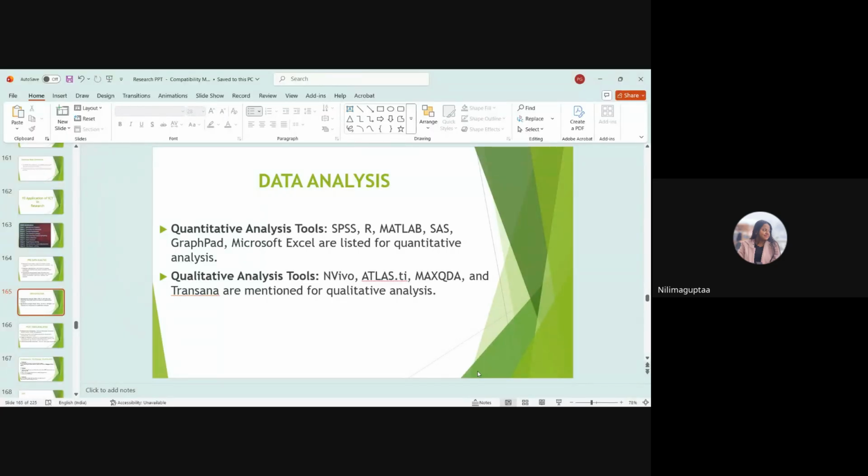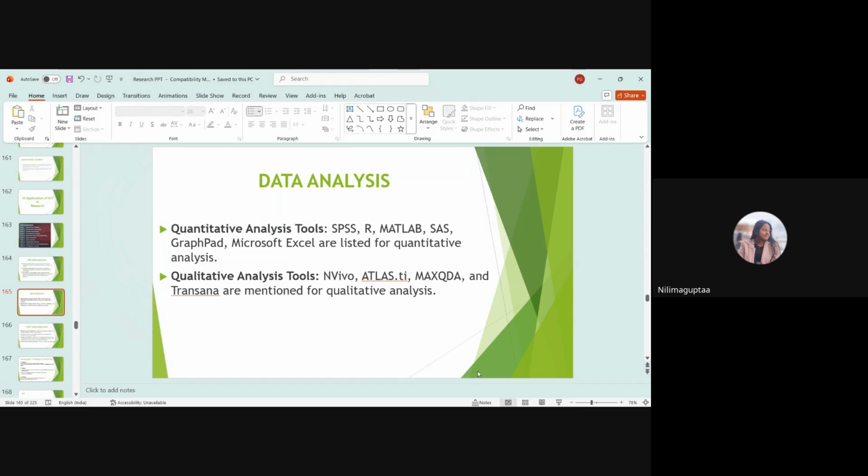So the quantitative analysis tools: very famous is SPSS for social science, then MATLAB, that is MATrix LABoratory. Then you have SAS, that is another software. Then you have GraphPad, Microsoft Excel, all of them listed for quantitative data analysis.